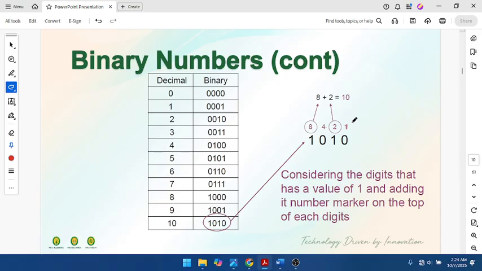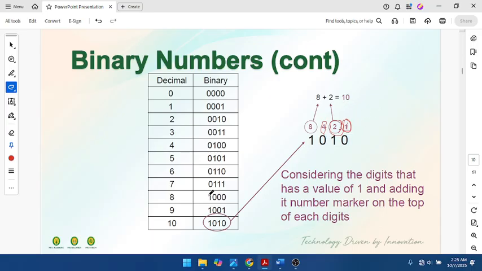So 1 times 1, 1 times 2 is 2, 2 times 2 is 4, and 4 times 2 we have 8. So we multiply by 2 each time.